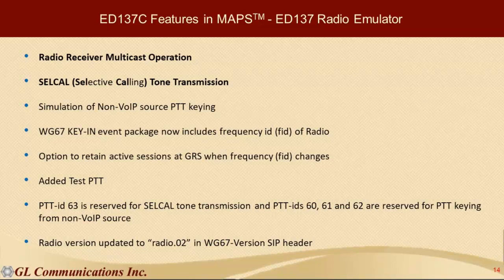So the ground radio station, after receiving this code, will generate an analog tone towards the aircraft to indicate the PTT activation. Apart from that, there are other features like the test PTT simulation, and there are some reservations of the PTT IDs assigned to a particular feature.